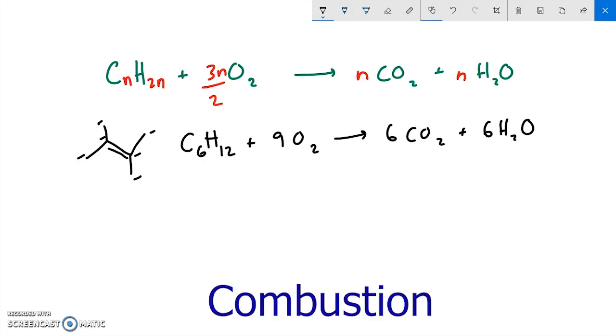So you can check whether it is balanced or not. And that's it, the combustion reaction for an alkene compound. If you are given a multiple alkene group or a cyclic alkene group, you need to balance the equation manually.